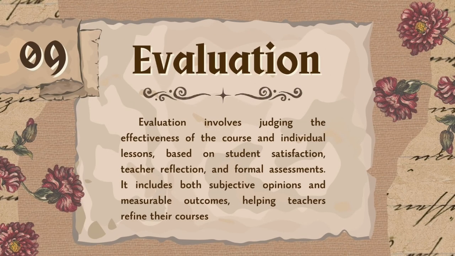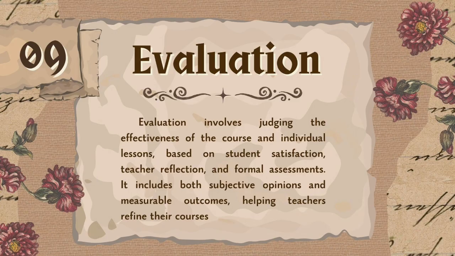8. Evaluation. Evaluation involves judging the effectiveness of the course and individual lessons based on student satisfaction, teacher reflection, and formal assessments. It includes both subjective opinions and measurable outcomes, helping teachers refine their courses. Evaluation involves judging the success of a course or lesson.